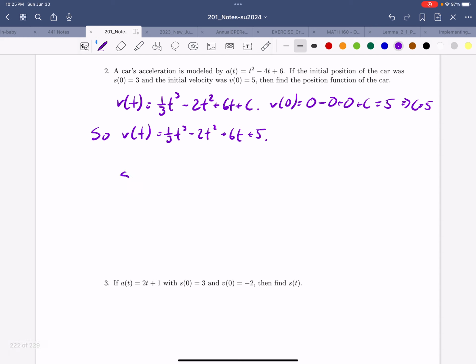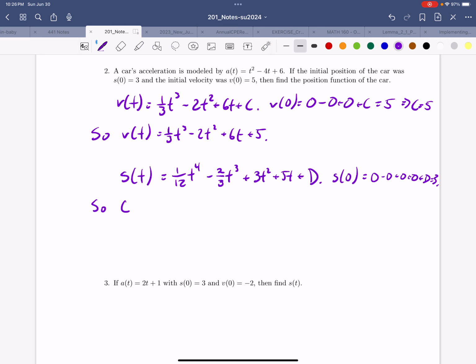Next up, s of t. Sorry, we're taking the antiderivative of this again. So we get 1/12 t to the 4th minus 2/3 t cubed plus 3t squared plus 5t plus, I'll call this d. And then we have that s of 0 equals 3. Well, that's also equal to 0 minus 0 plus 0 plus 0 plus d equals 3.